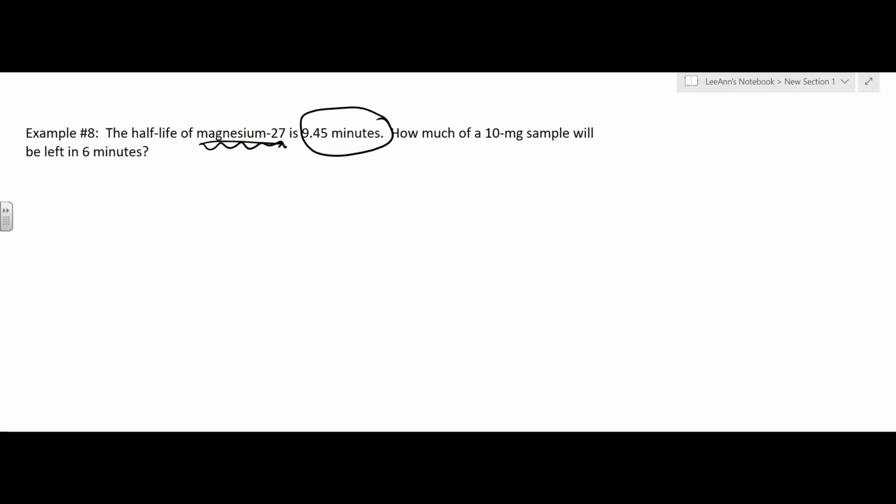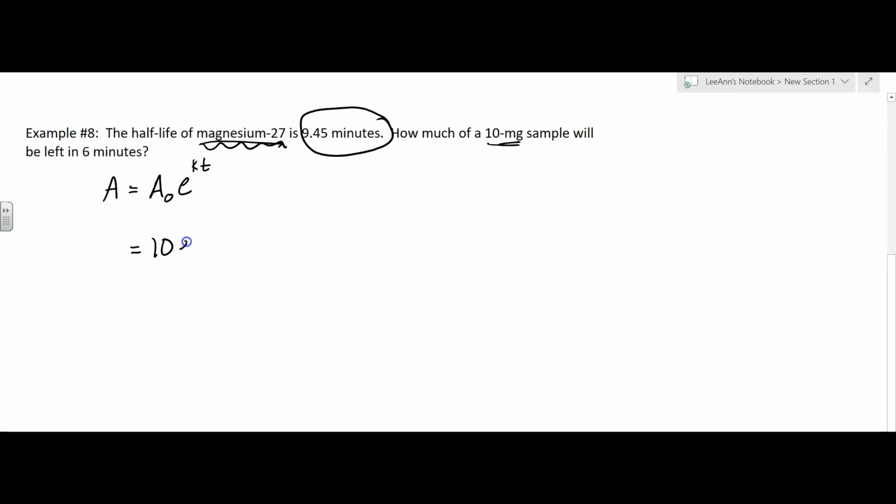Okay, so we don't have what k is. So let's get our growth model here. A equals A naught e to the kt. All right, so we know that we're starting with 10 milligrams, right?